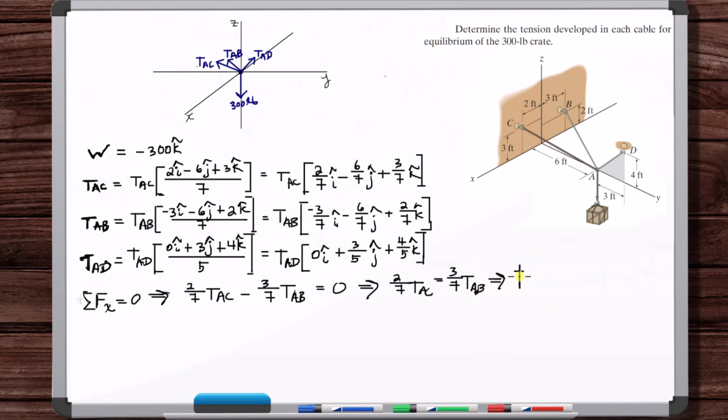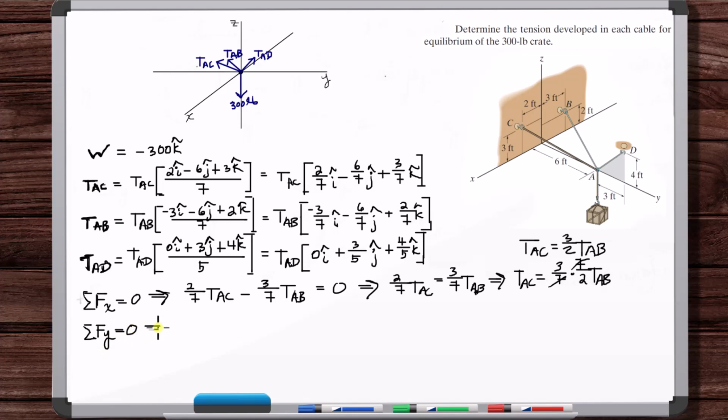So TAC is equal to 3/7 times 7/2 TAB. So TAC is equal to 3/2 TAB.